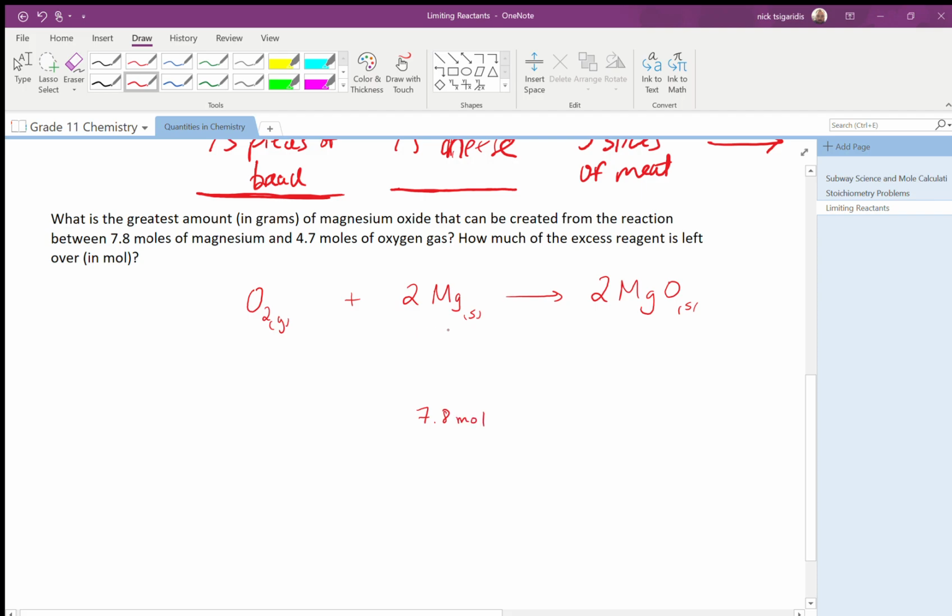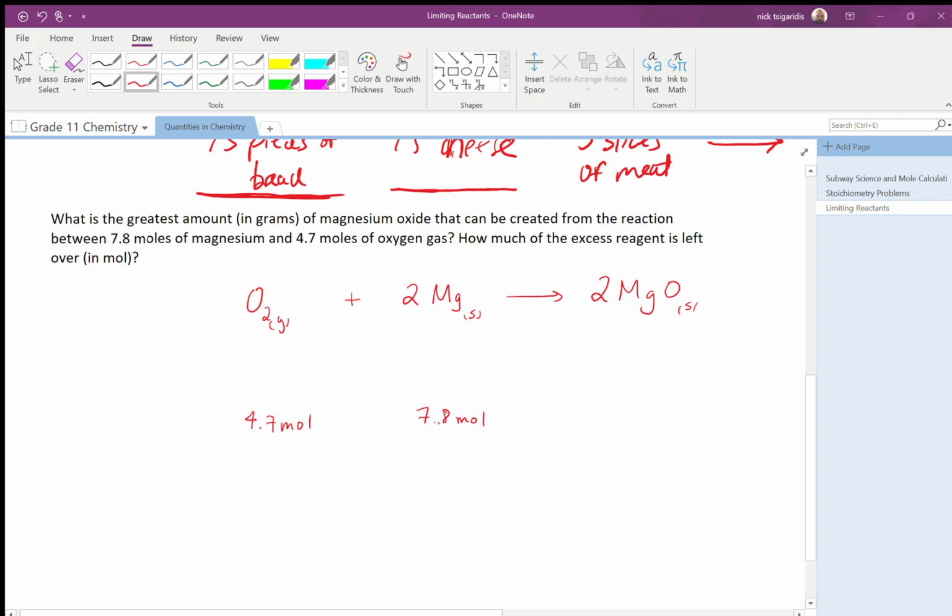I've left a space here because I usually put masses at the top and then convert them to moles, but because we were given moles, I've just started with the moles down below. So I have 7.8 moles of magnesium and 4.7 moles of oxygen. If I was given the mass of these compounds, I could very easily convert them to moles.